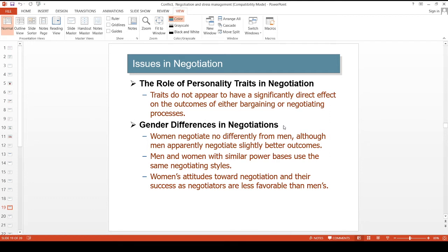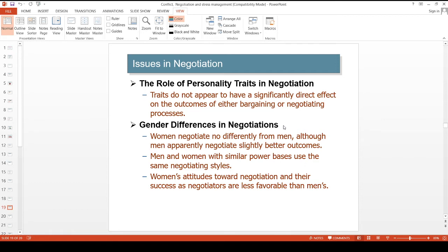These results are based on certain research done by different theorists. So overall assessments of the personality-negotiation relationship find that personality traits have no significant direct effect on either the bargaining process or the negotiation process.